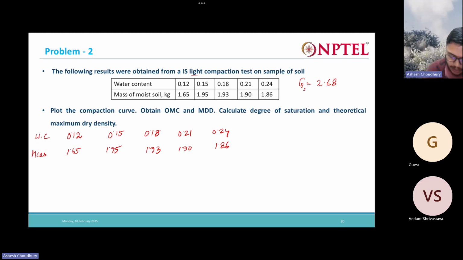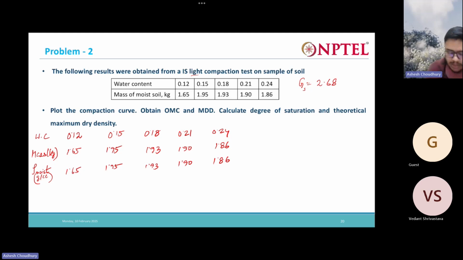So easily you can calculate the moist density in gram per cc, because you have the mass in kg and the volume is 1000. So just calculate this fast. Same, right? 1.65, 1.95, 1.93, 1.86.